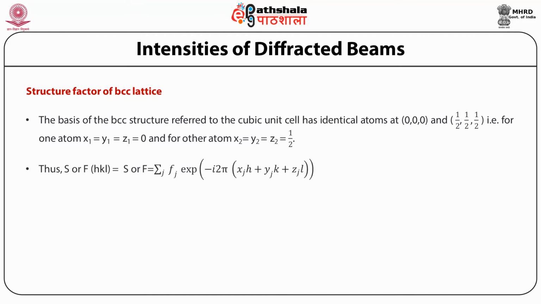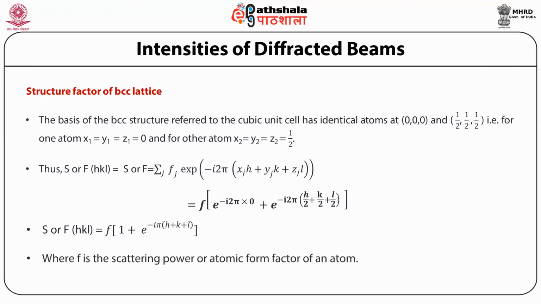Thus, S or F HKL equals the summation over j of Fj exponential minus 2 pi i (xj h plus yj k plus zj l), which equals F times [e to the power minus 2 pi i times 0 plus e to the power minus 2 pi i (h/2 plus k/2 plus l/2)]. So S or F HKL equals F times [1 plus e to the power minus pi i (h plus k plus l)], where F is the scattering power or atomic form factor of an atom.